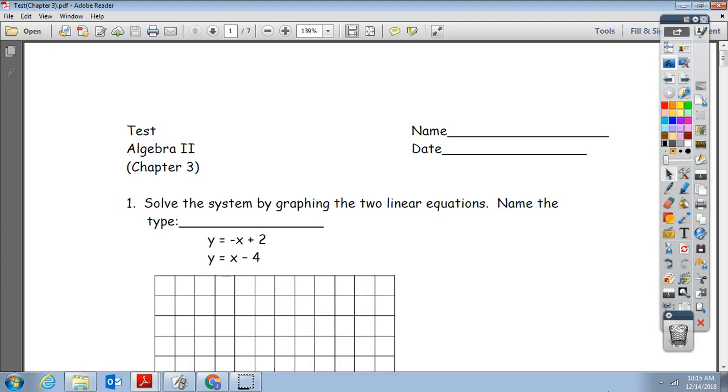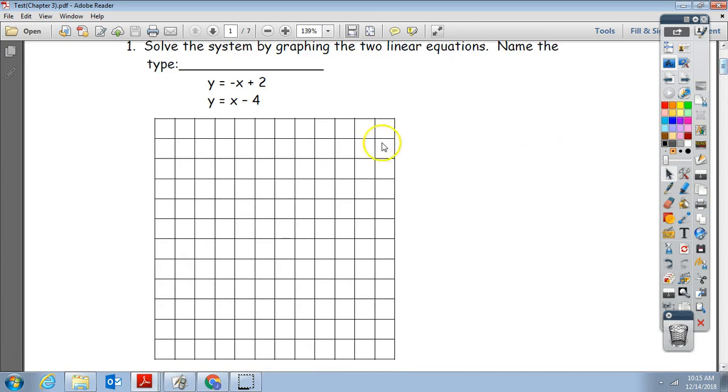Alright, so in the third chapter of the year, we talked about systems of equations. Remember, with systems of equations, we were looking at two equations and trying to find the solution that works for both of them, not just one of the equations. So one of the methods that we learned was the graphing method.